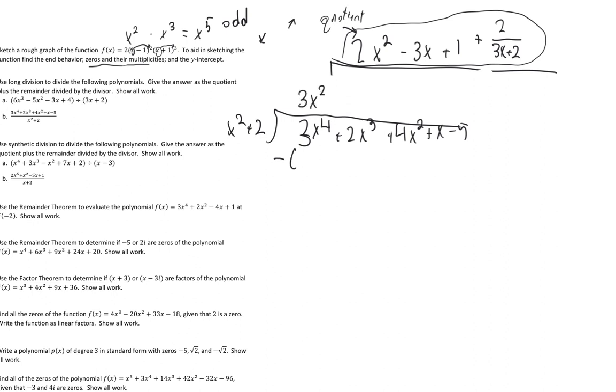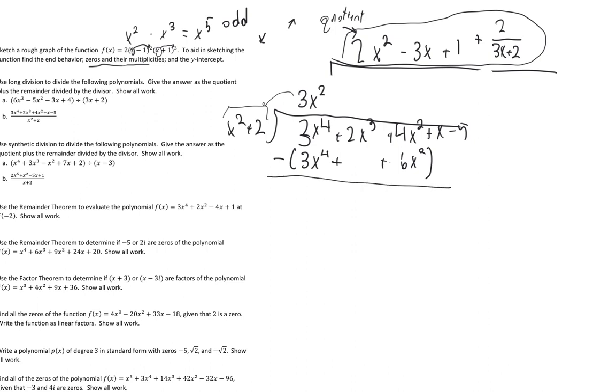So I'm going to subtract 3x to the 4th. What I'm subtracting is I'm multiplying 3x squared times this whole thing, right? So you get 3x to the 4th plus 6x squared. And I'm going to put it over here so I don't mistake it to be with this x to the 3rd, because I can't add and subtract a 6x squared and x to the 3rd.